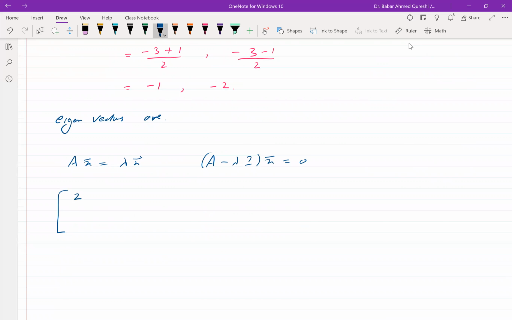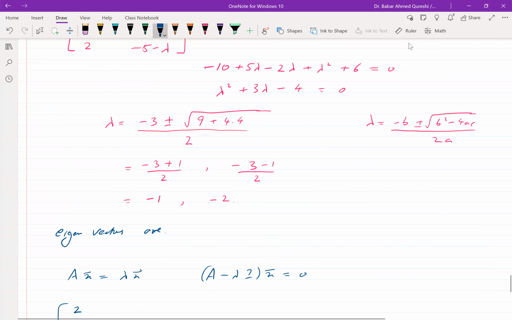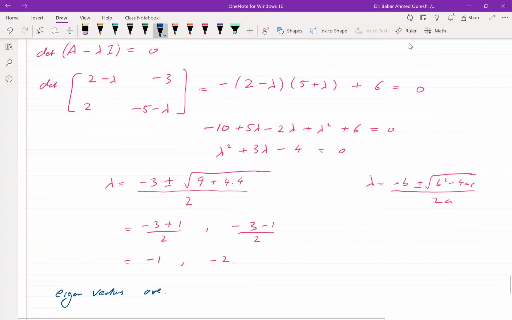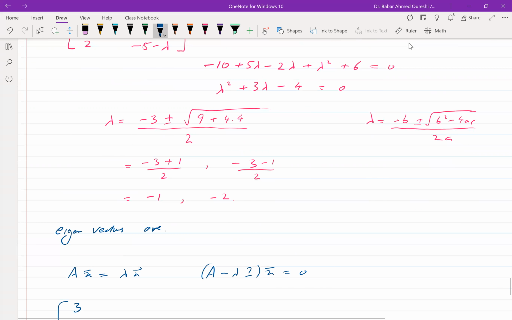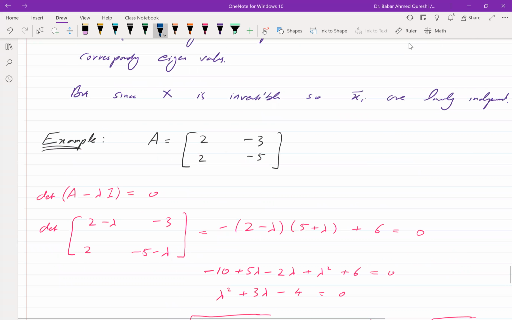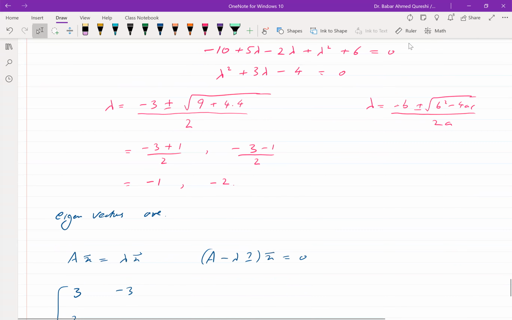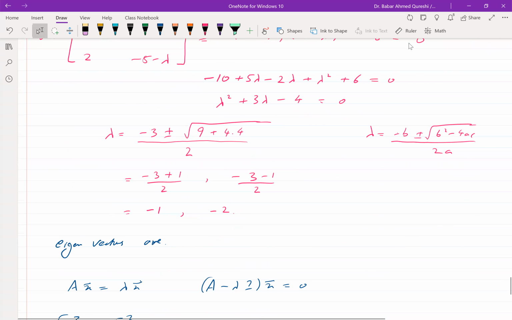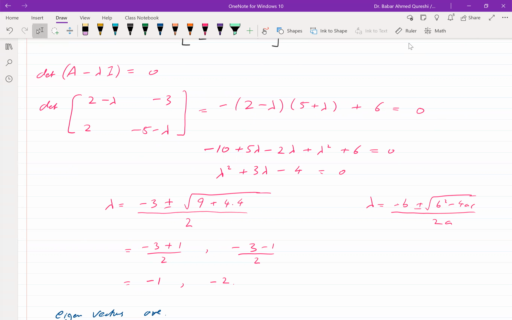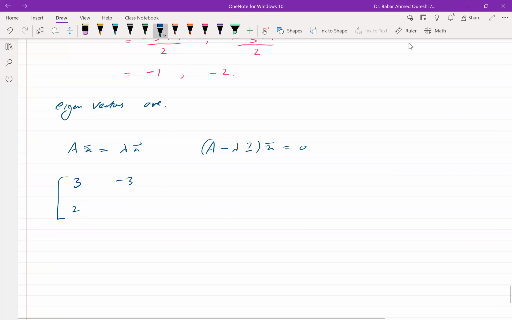So 2 minus 1, so I get a 3, minus 3, 2 minus 5 and minus 1. The lambda was minus 1. So minus 5 and plus 1 gives me minus 4.